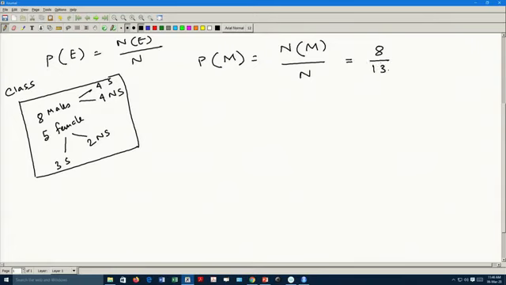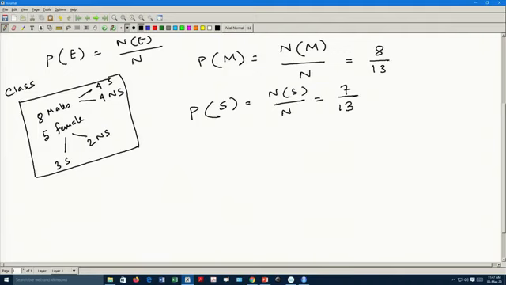So, 8 by 13. If I ask what is the probability that somebody I blindly choose will be wearing spectacles, there are 7 people wearing spectacles out of 13. This is how we generally find probability.